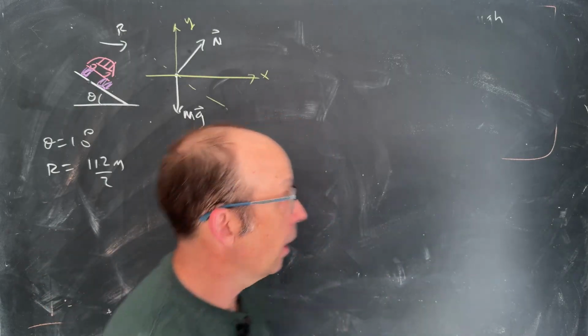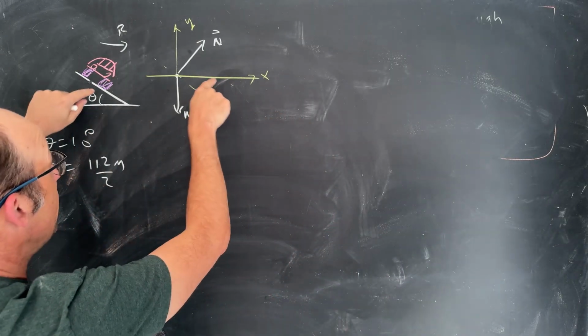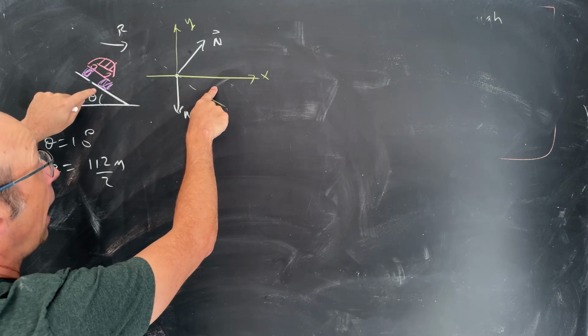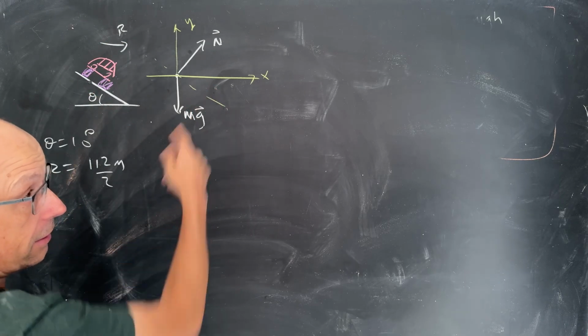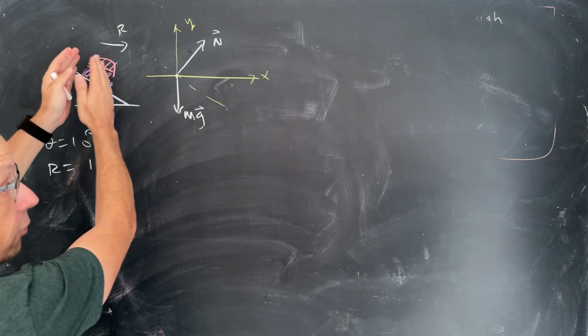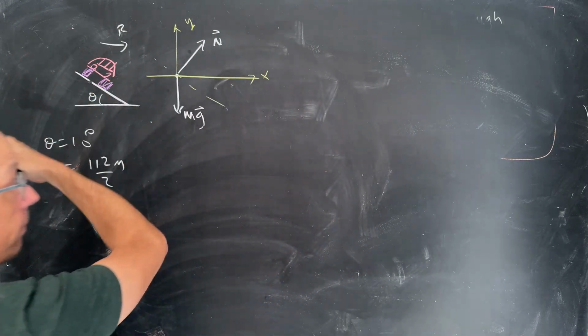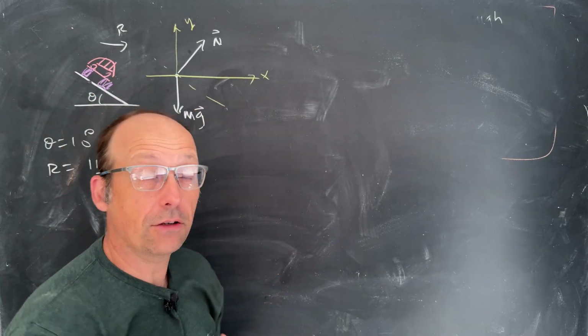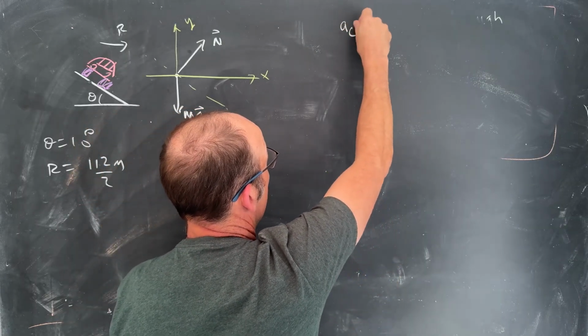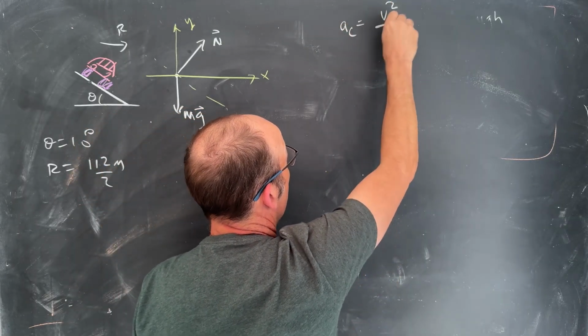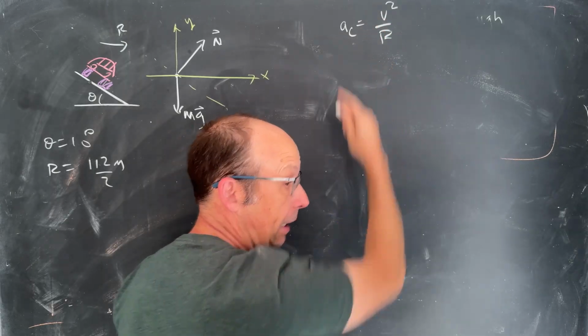Not a good idea. What you want to do is pick the axes such that either the x or the y axis is in the direction of the acceleration. Now, this car is going around a circle. Remember, when things go in a circle, they have centripetal acceleration. The magnitude of that centripetal acceleration is v squared over r, and centripetal means center pointing.